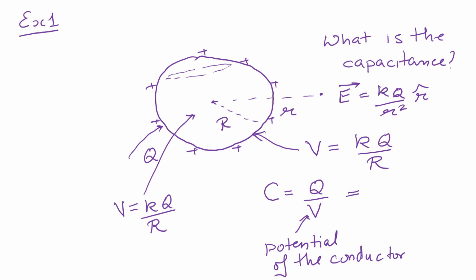If we substitute the values of V, the Q's will cancel out, and all we would be left with is R by k, where k is 1 by 4 pi epsilon naught. So we can write this as 4 pi epsilon naught R. That becomes the capacitance of the conductor.